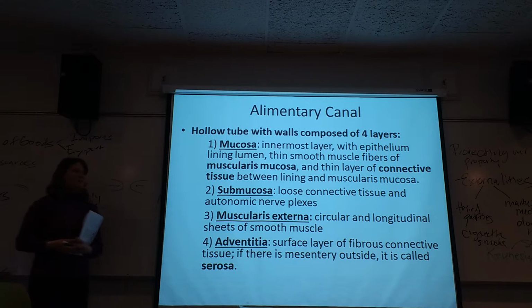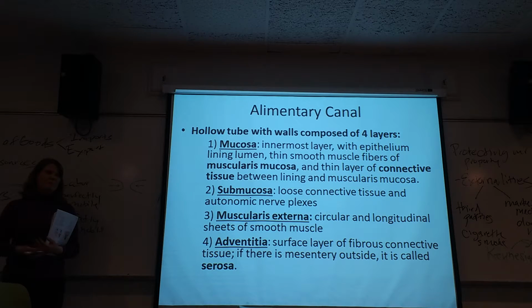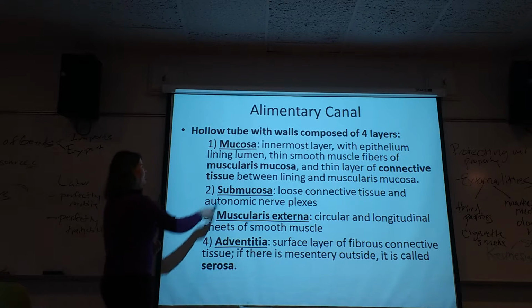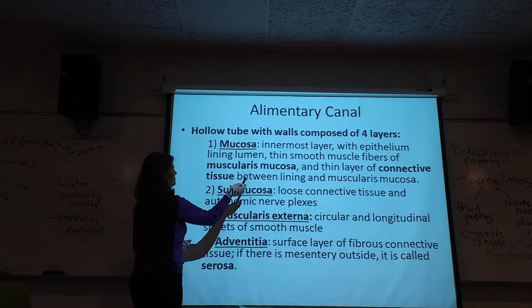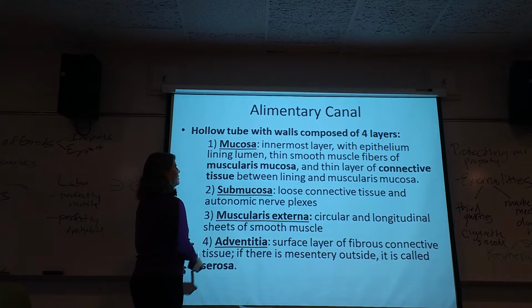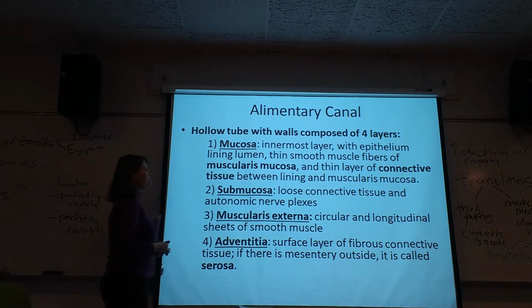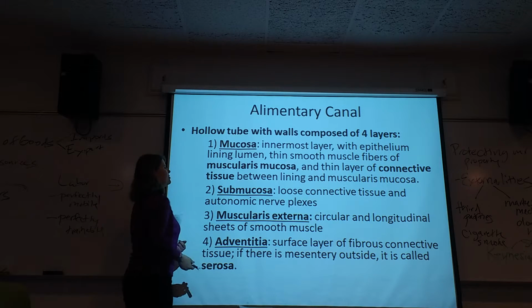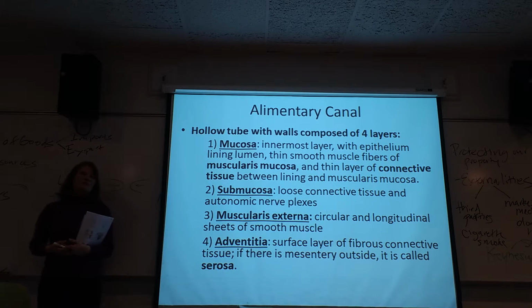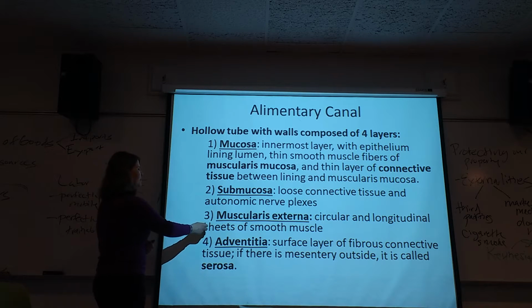The innermost layer, which has the epithelium that lines the lumen of the intestine, is what we call the mucosa. So this innermost layer here. And it contains thin, smooth muscle fibers of what's known as the muscularis mucosa. So the muscularis mucosa is the muscle layer of the mucosa, separate from the muscularis externa.